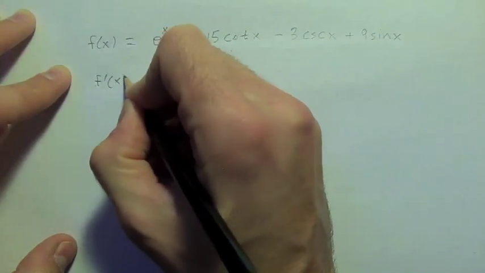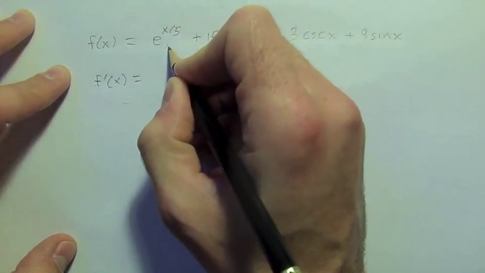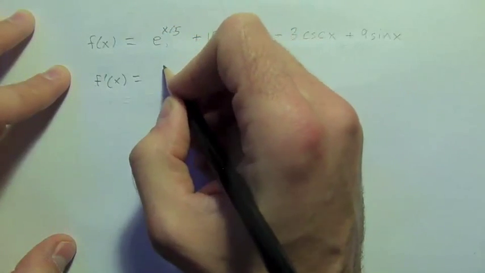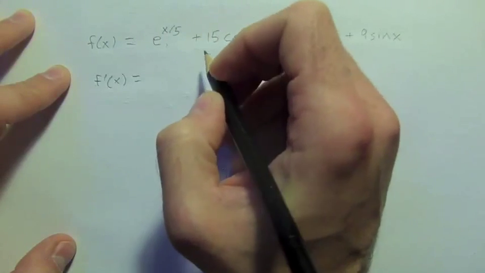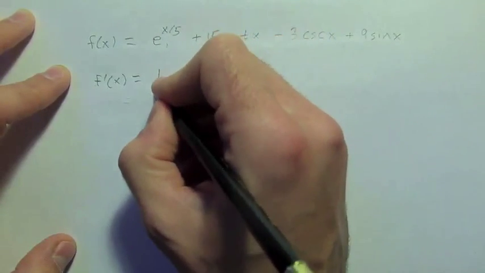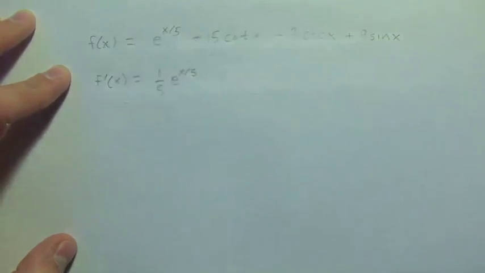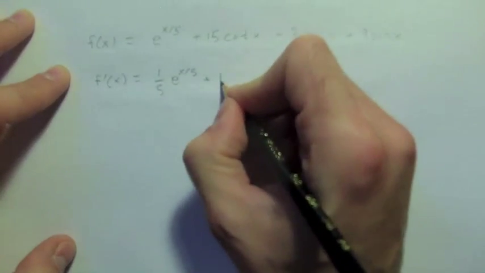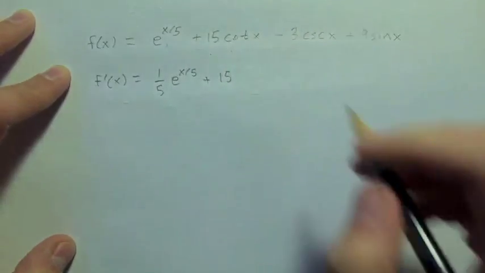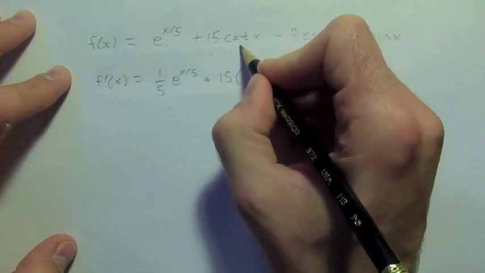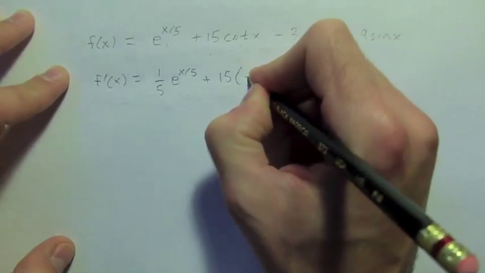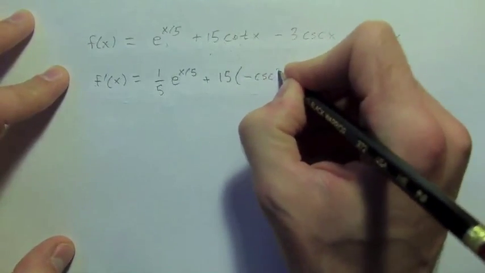So f prime of x, well, we've seen this enough times. E to the x over 5 is e to the 1/5 x, so this will be 1/5 e to the x over 5. Plus, that constant comes along for the ride, and then the derivative of cotangent x is negative cosecant squared x.